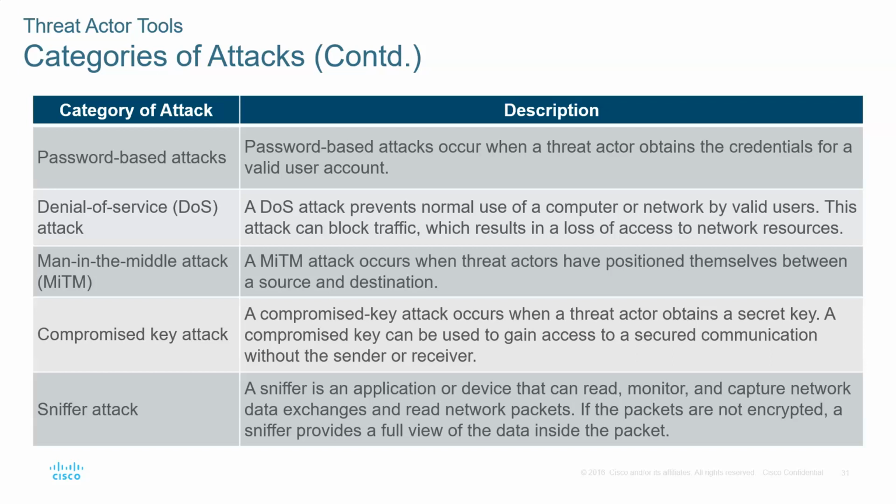Compromised key attack is somebody being able to have the key that you use to encrypt the data. If you got the key, this is like getting your password, then you'll be able to authenticate into the network.